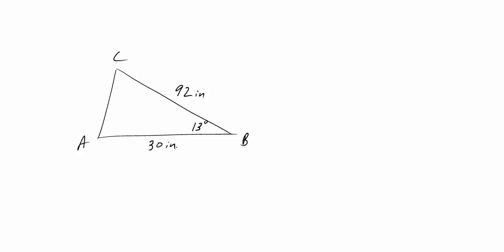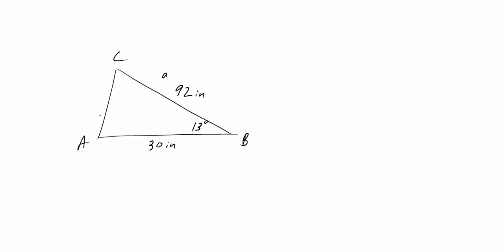And keep in mind, when you're looking at these diagrams in your book, or if you make them yourself, realize they're not necessarily drawn to scale. All we need is a picture to give us a visual of what we're looking for. So clearly this isn't to scale. If this bottom is 30 inches, then side A over here is certainly not going to be 92 inches. But again, this is just a visual to help you see this.